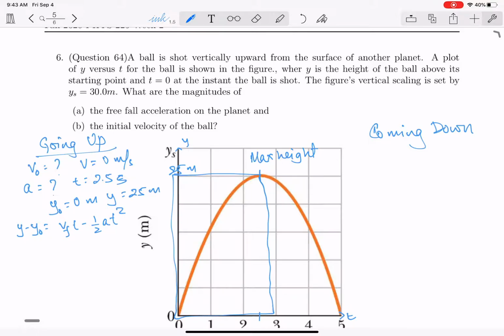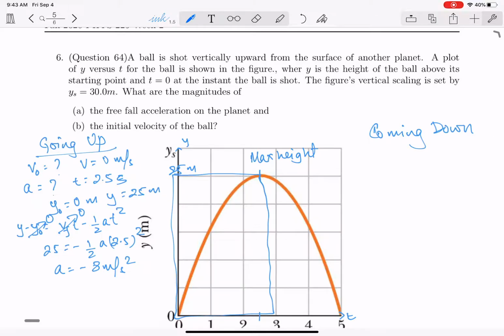Y initial is 0, and v final at the top is 0, so 25 equals negative 1/2 a times 2.5 squared. Acceleration is negative 8 meters per second squared. All right, so acceleration comes out to be negative.